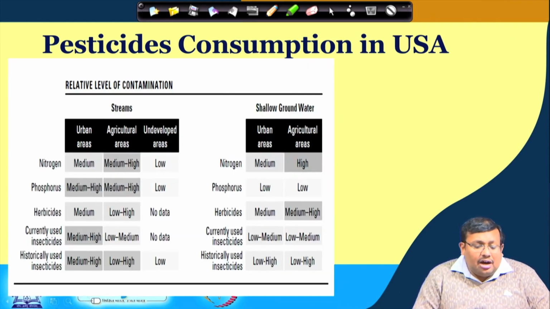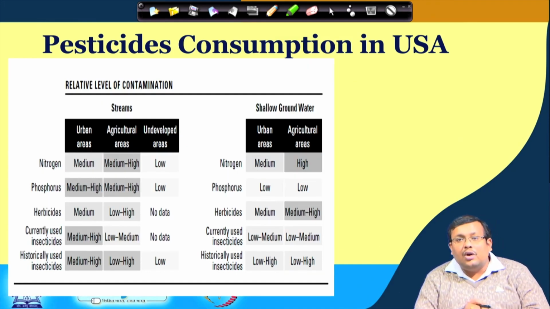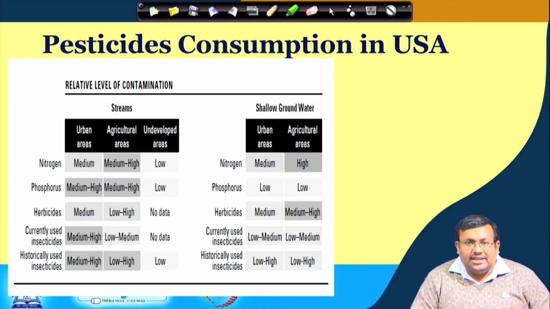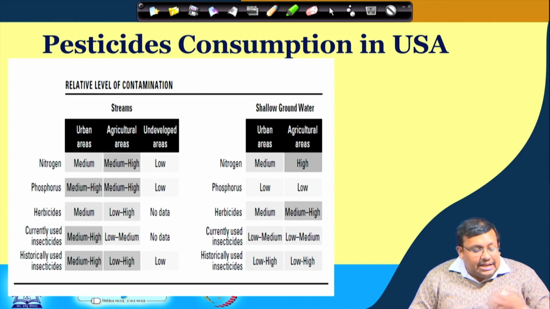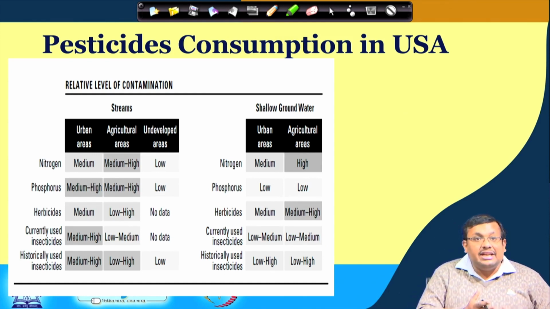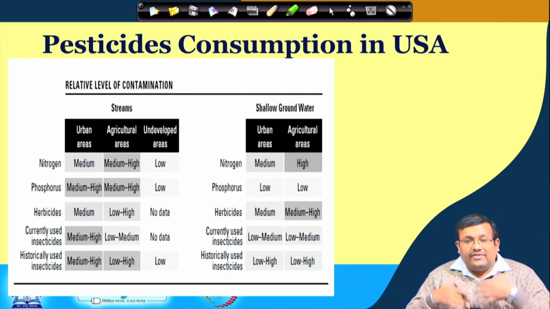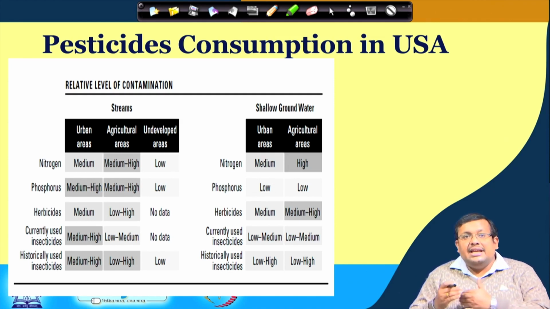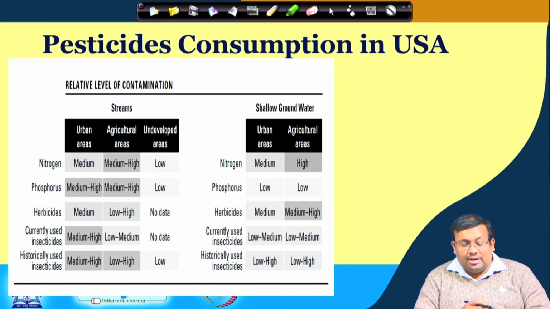If you see the relative level of contamination in streams and shallow groundwater from different sources, in different areas like urban areas, agricultural areas and undeveloped areas, you will see that nitrogen produces a medium level of contamination in urban areas, whereas it produces medium to high level of contamination in the agricultural areas because of nitrogenous fertilizer use. In undeveloped areas, obviously there is no significant effect of nitrogen contamination.